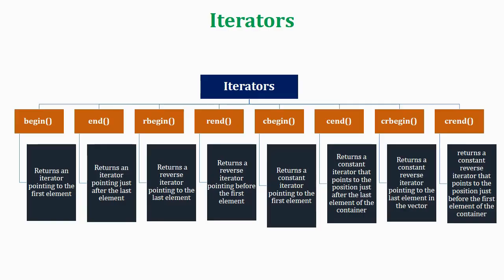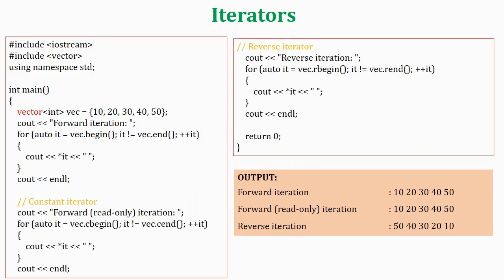Next, crbegin. It will return the constant reverse iterator pointing to the last element of the vector. And next one is crend. It will return the constant reverse iterator that points to the position just before the first element of the container. We'll see one example.